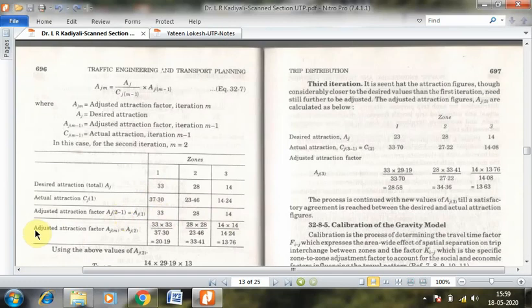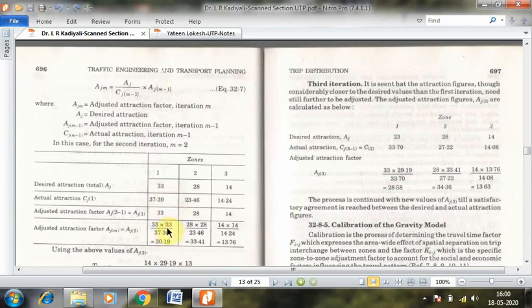Then you need to find out the new adjusted attraction factor, that is Ajm. Here we are working on the second iteration, that's why it becomes Aj2. So how do you calculate this Aj2? Using this equation: Aj is 33, multiplied by Aj m minus 1, which is again 33, divided by Cj m minus 1, that is 37.30, this one.